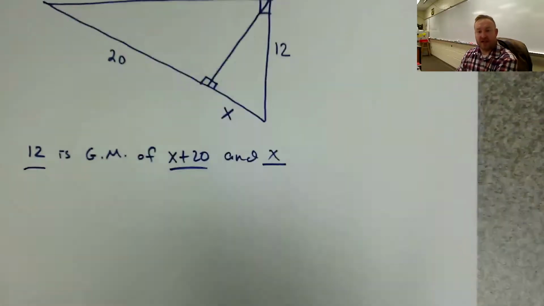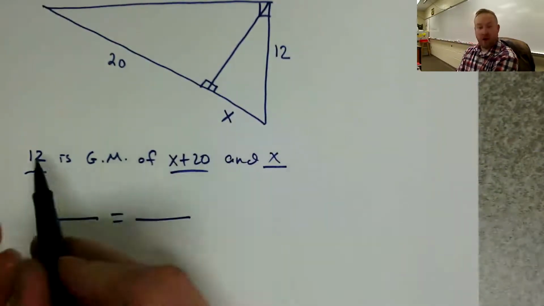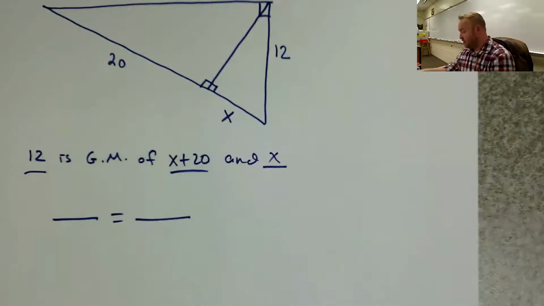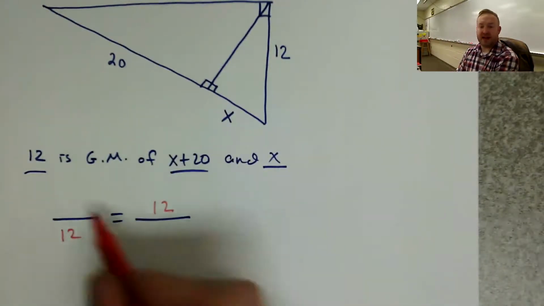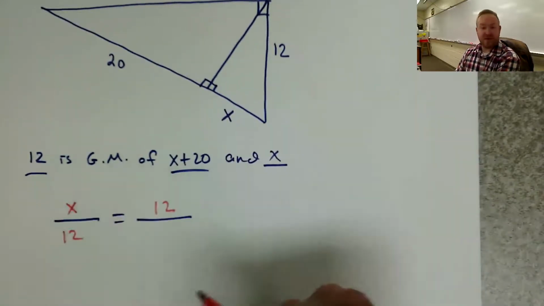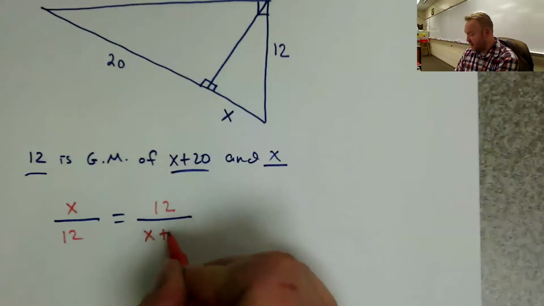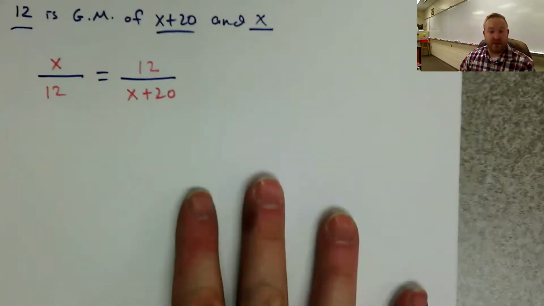Okay, so we're going to set up our proportion here. 12 is the geometric mean, so 12 is going to go diagonal from itself. You can do this diagonal, it doesn't matter. The other two guys make up the other two spots, x and x plus 20. Okay, so we need to solve this thing, which is going to be a little bit tricky.